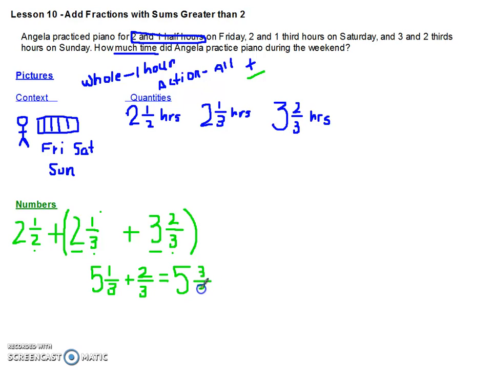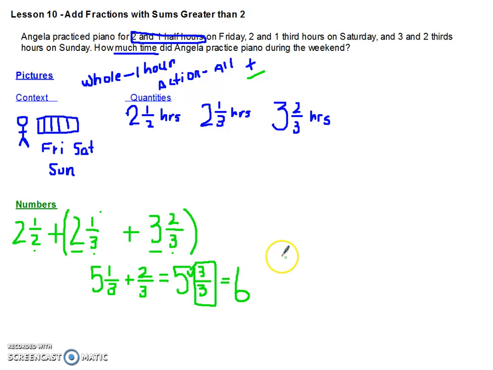And what you'll notice here is I have 3 over 3, or 3 parts in a 3-part whole, which actually makes this equal 1. So I actually have 5 plus 1, which would equal 6.